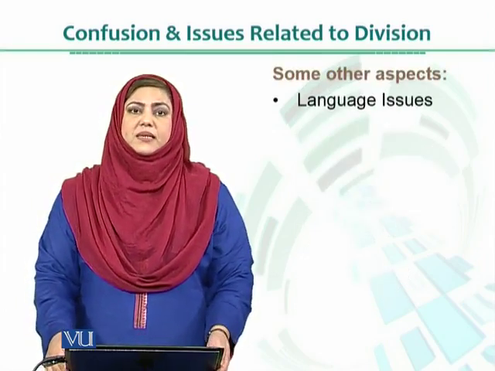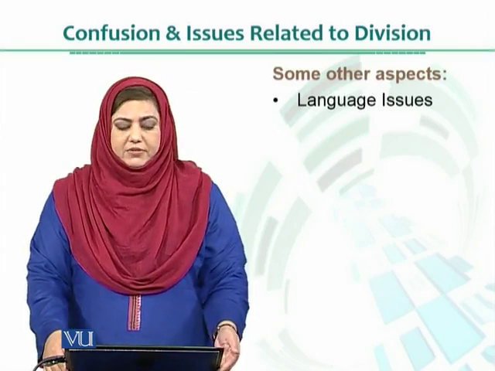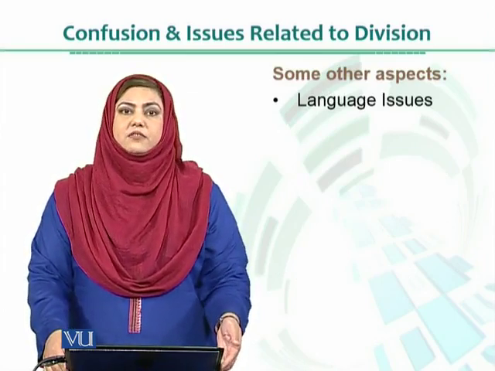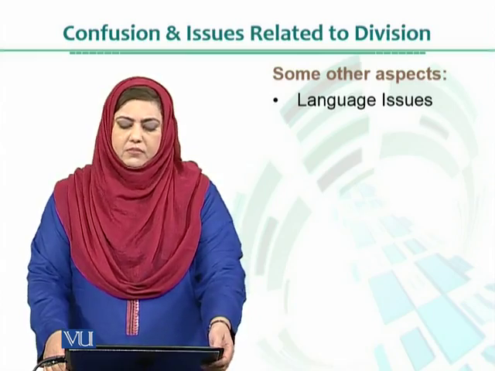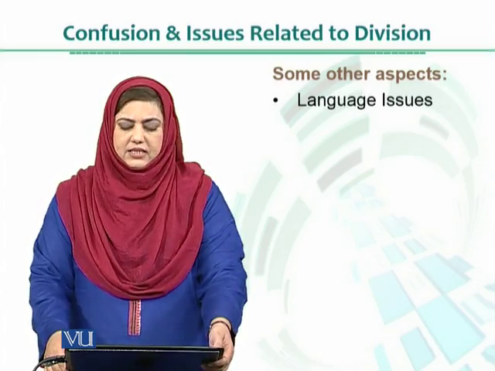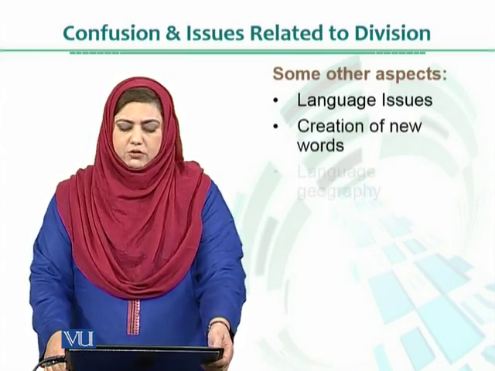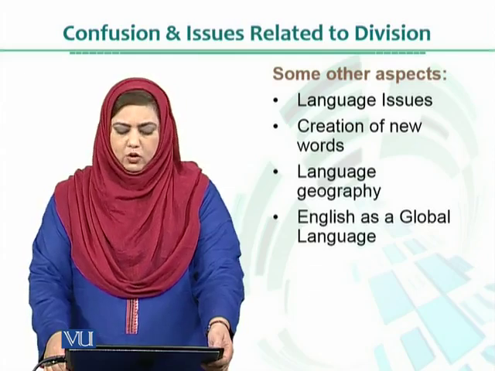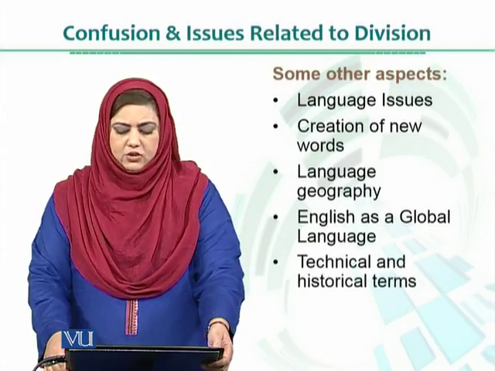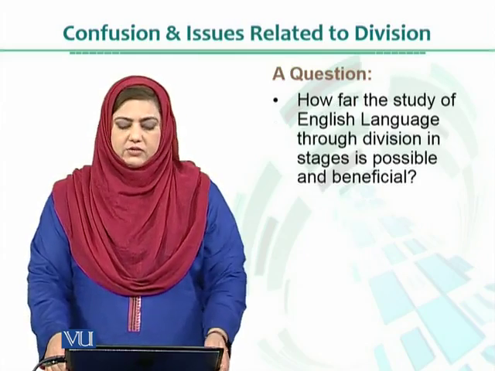There are many other aspects that we need to consider when we decide how to make the divisions and how to look at it. For example, the aspects that need to be considered include creation of new words, language geography, English as a global language, technical and historical terms, etc.